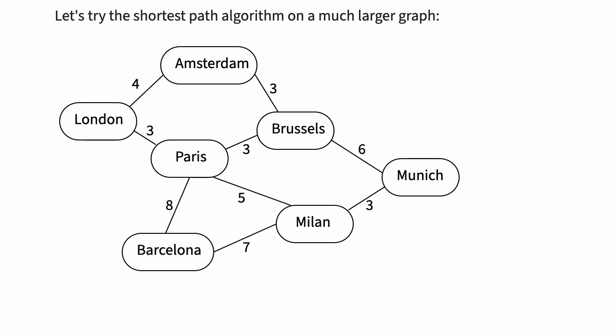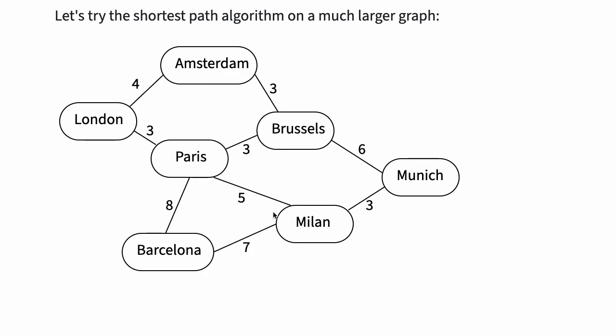The distance to Brussels via Paris is 3 plus 3, which is 6. Brussels already exists, so we compare the calculated distance to the existing distance. Since 6 is less than 7, we have found a shorter distance to Brussels. We're going to update the Brussels node in the tree.